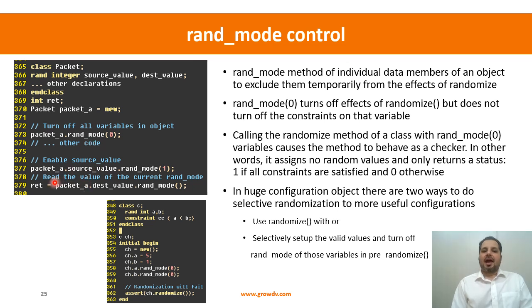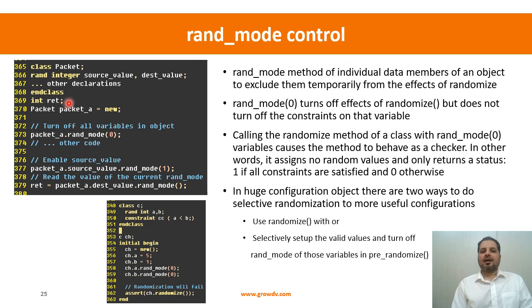Or you can enable or disable randomization on a very specific variable. For example, using the dot notation, you can access the properties, saying packet_a.source_value.rand_mode, and turn the rand_mode for that particular variable on. You can also find out whether rand_mode for a particular variable is turned on or off by using rand_mode in a function or task context.